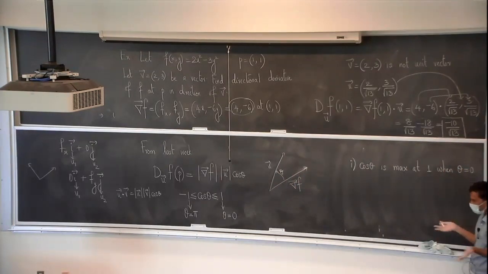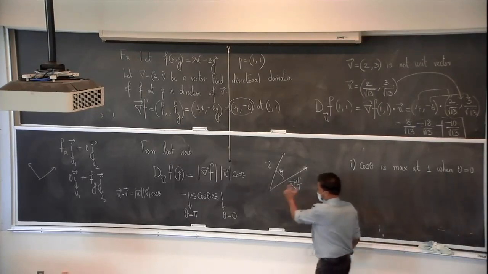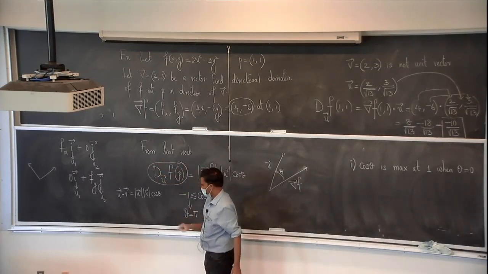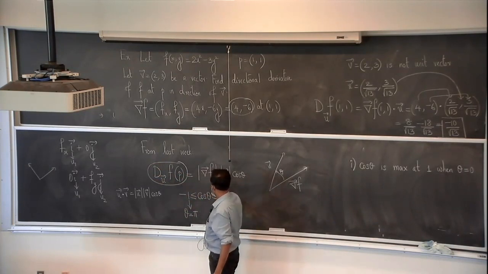Radians or degrees doesn't matter, but we are using radians here. When cosine of 0 is 1, that is when this is a maximum. So at that value of theta, this rate of change is the maximum value.